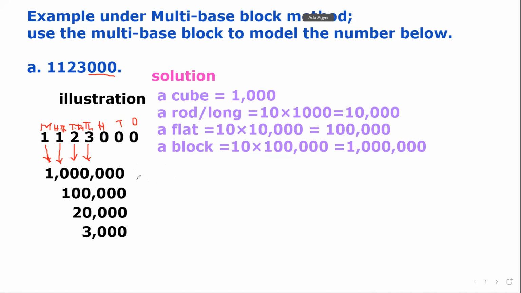So we will draw a block to represent the 1 million. How many blocks are you going to choose? One block will be drawn to represent 1 million. Okay, good. Now let's come to the other one.